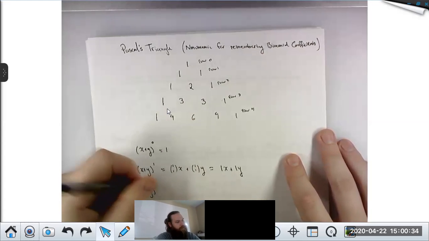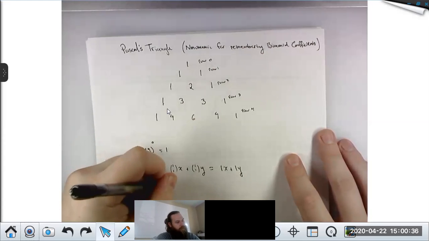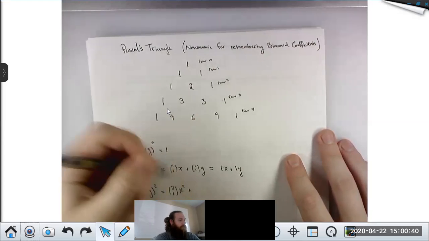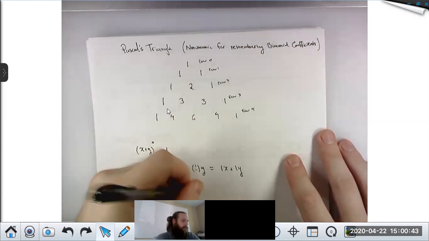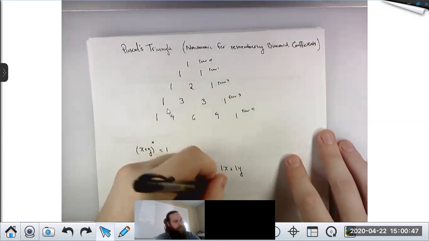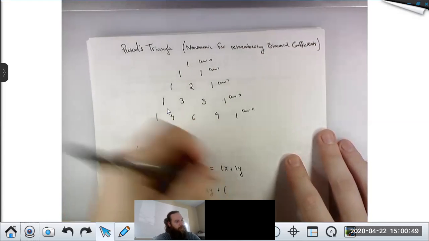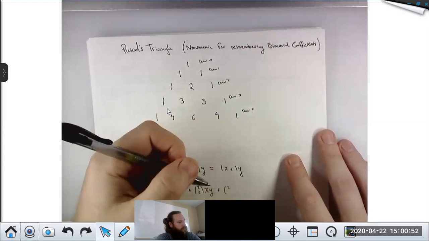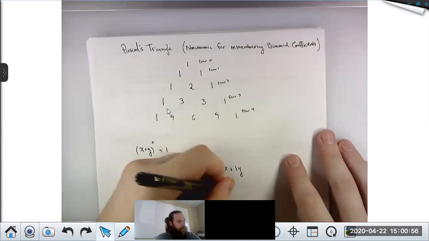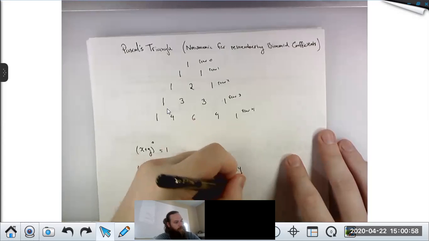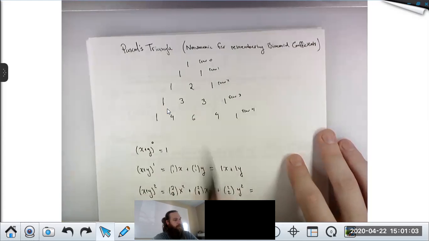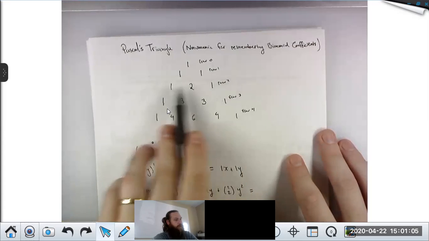X plus y squared is 2 choose 0 times x squared, plus 2 choose 1 times xy, plus 2 choose 2 times y squared. Each of these numbers comes from row 2, so this is 1, 2, 1.